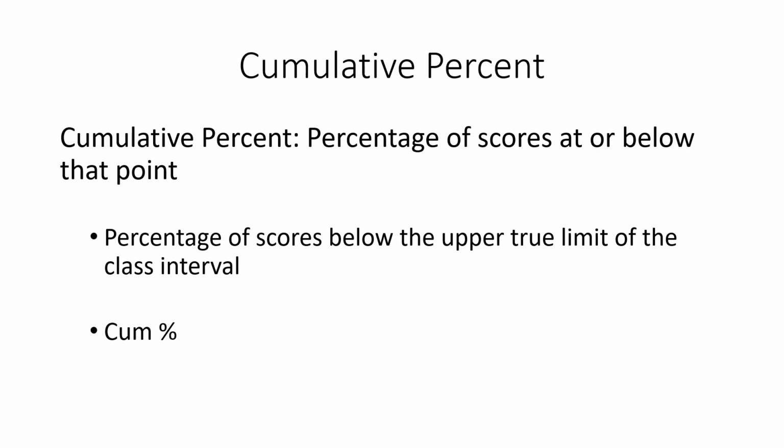So cumulative percent is just going to be the percentage of scores at or below that point. This is a good thing to know how to do, or at least to understand, because when we start doing z-scores later, one of the things we will do is look at cumulative percents for z-scores. Essentially it's the percentage of all scores at or below that point. And you just add up the ones at and below that point, and you get cumulative percent.